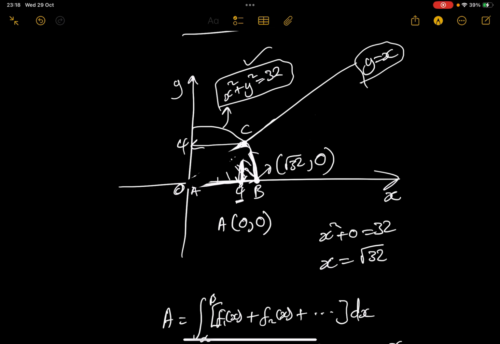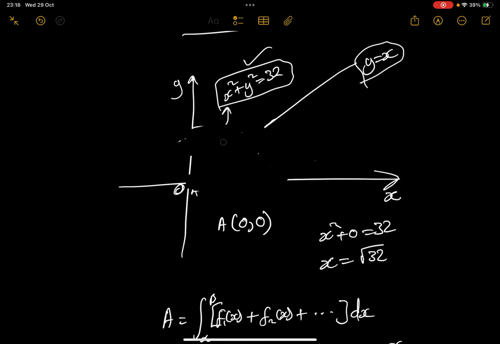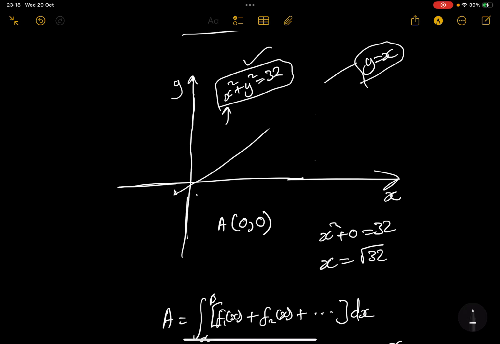So let me just try to redraw it so that you guys can see. This is the line, it passes through the origin, right?